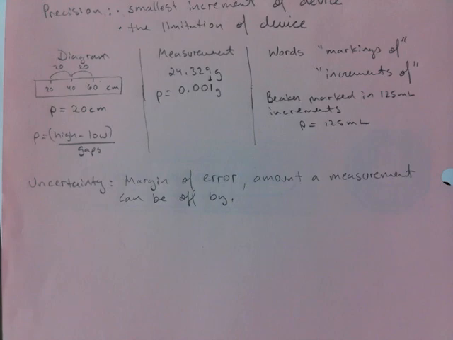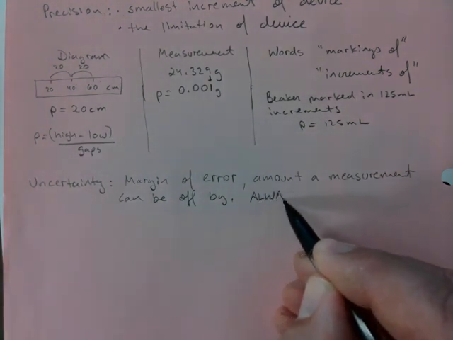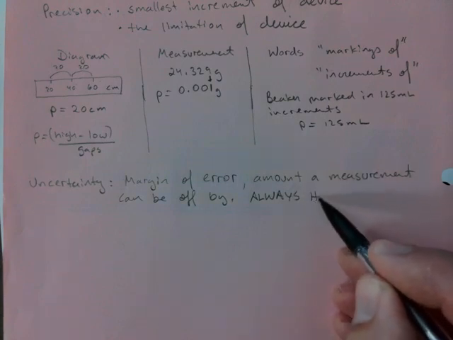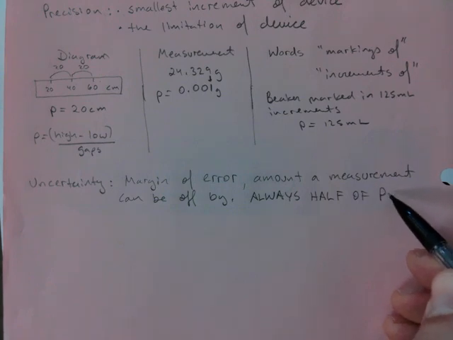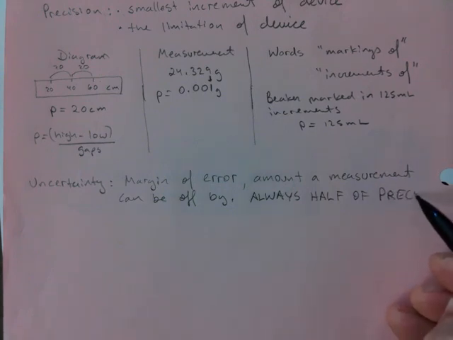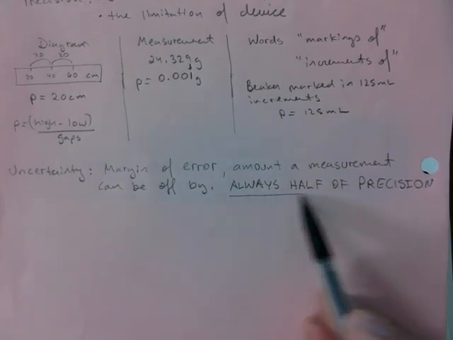Margin of error, amount a measurement can be off by. And it is always half of precision. Always half of precision, underline that.